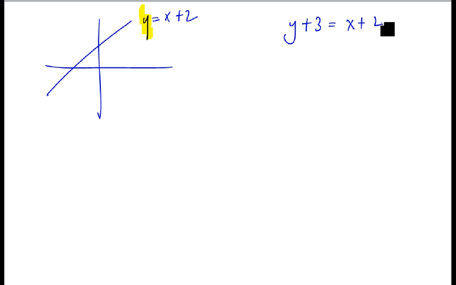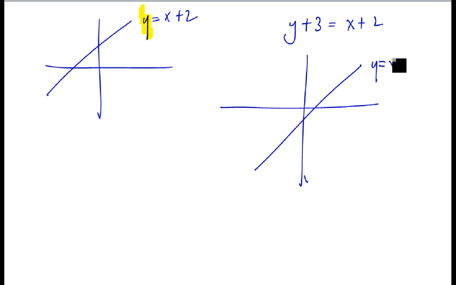Yes, of course you say yes, because you minus 3 on both sides, you'll get y equals x minus 1. So we will get something like that. This is one of the things we're going to learn. You replace y with y plus 3, we know how to sketch.